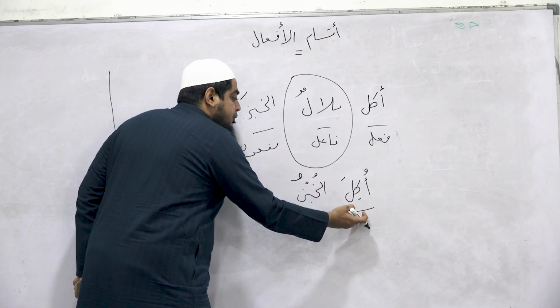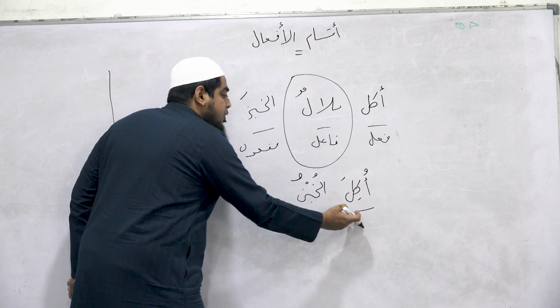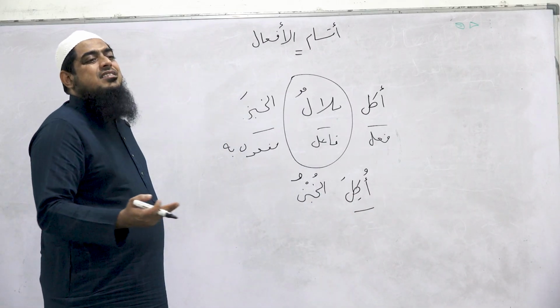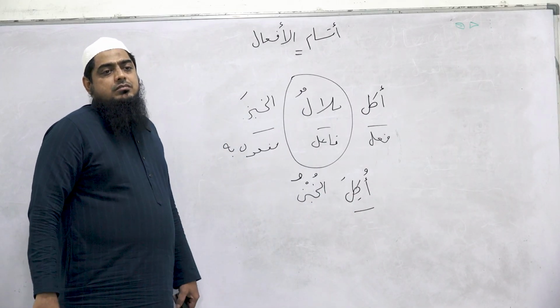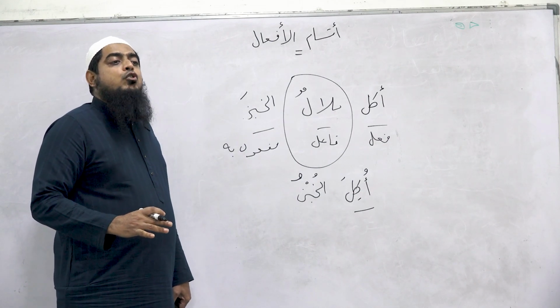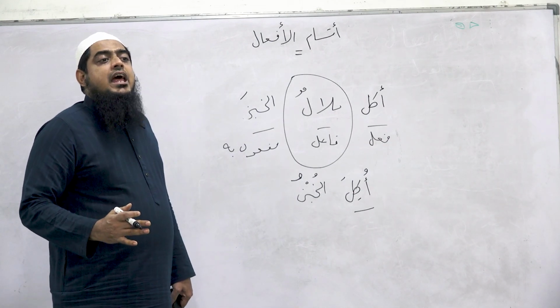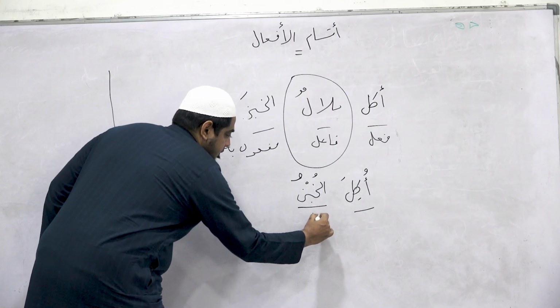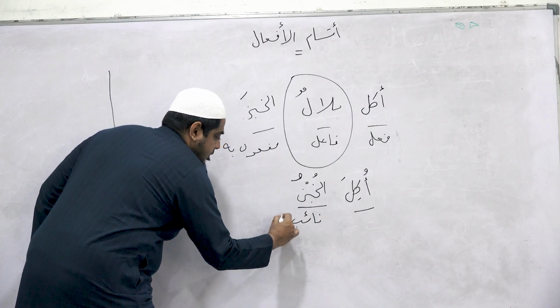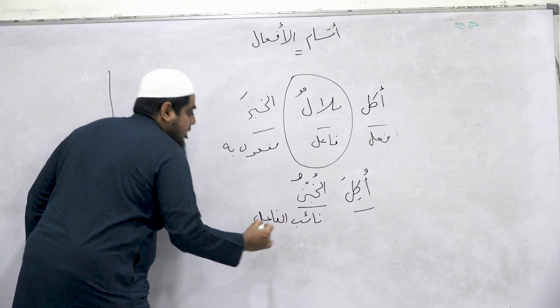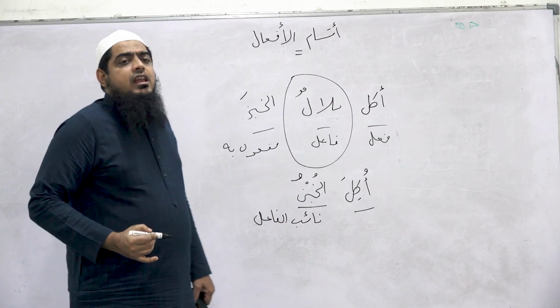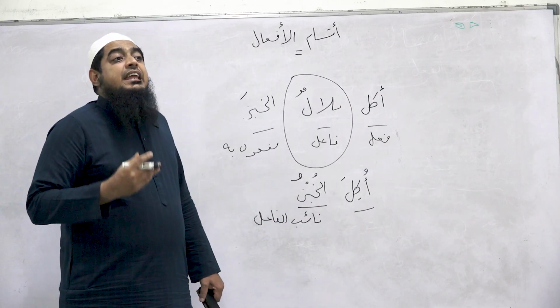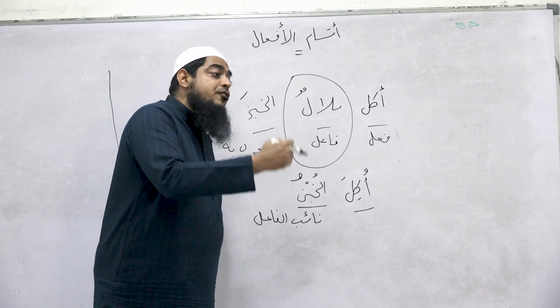Because we made this fi'l majhul, so fi'l majhul is like fi'l lazim. It won't take maf'ulun bihi. Rather, for maf'ulun bihi, you will say na'ibul fa'il. What's the meaning of na'ibul fa'il? He is not fa'il, but he comes in the place where fa'il used to come.